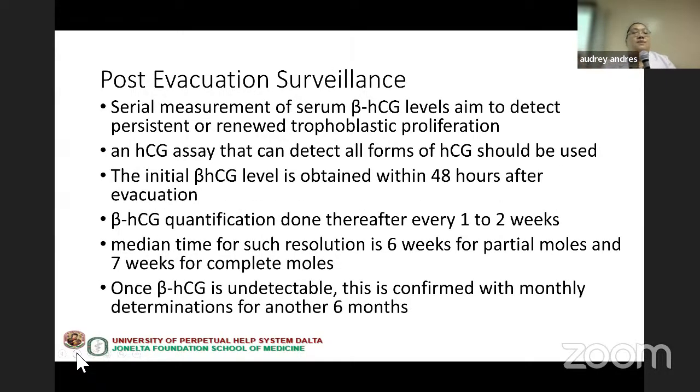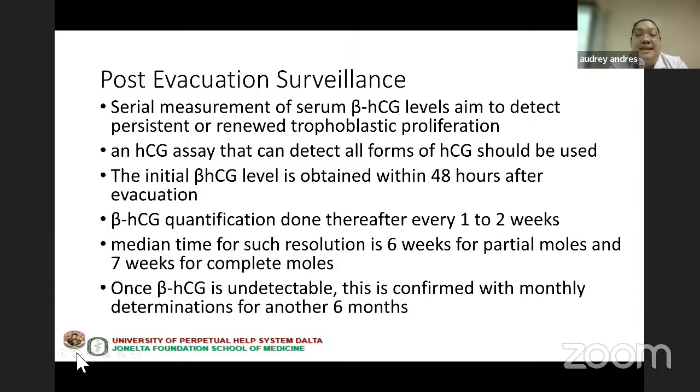Okay, how do we do surveillance? We do serial beta HCG measurement to detect persistent or renewed trophoblastic proliferation. Initial HCG is obtained 48 hours after evacuation, then done every 1 to 2 weeks. Median time for such resolution is 6 weeks for partial moles, 7 weeks for complete moles.